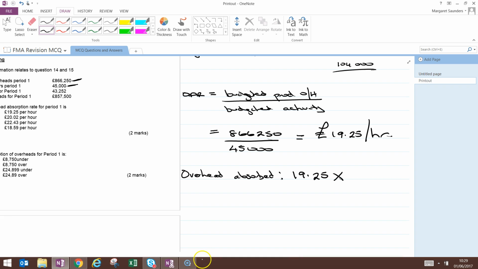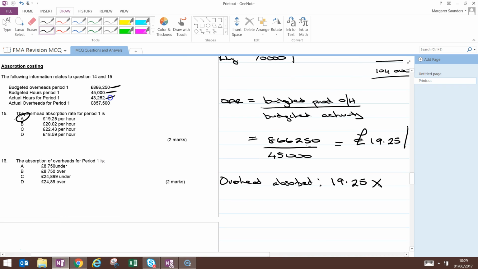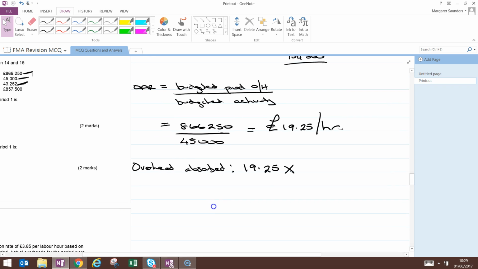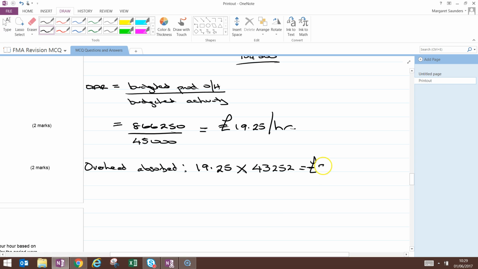That's important. It's not budgeted hours. To work out the overhead absorbed is always the overhead absorption rate times the actual hours. So actual hours 43,252. So we have absorbed 832,601.